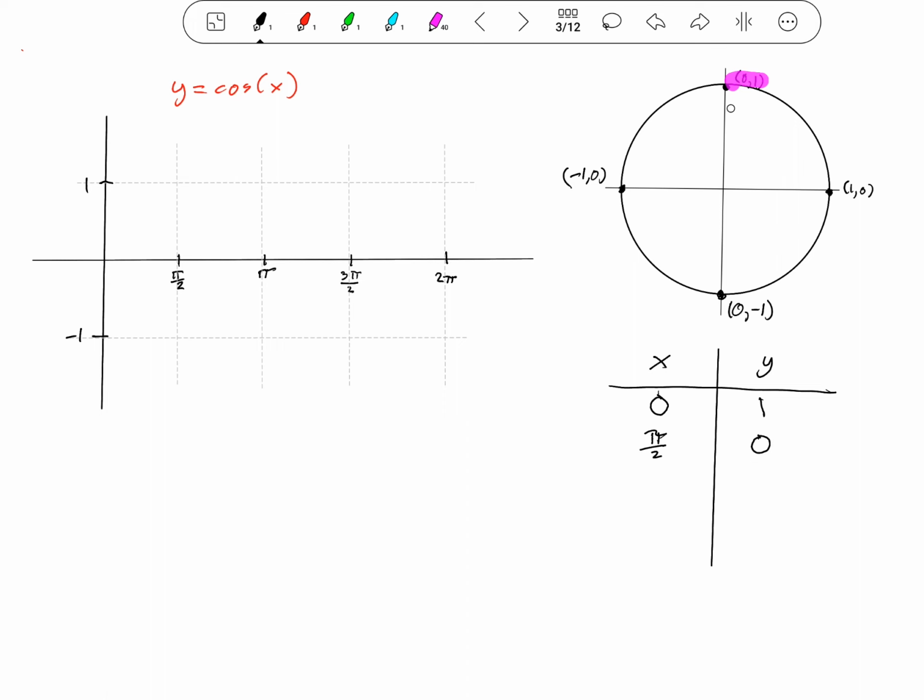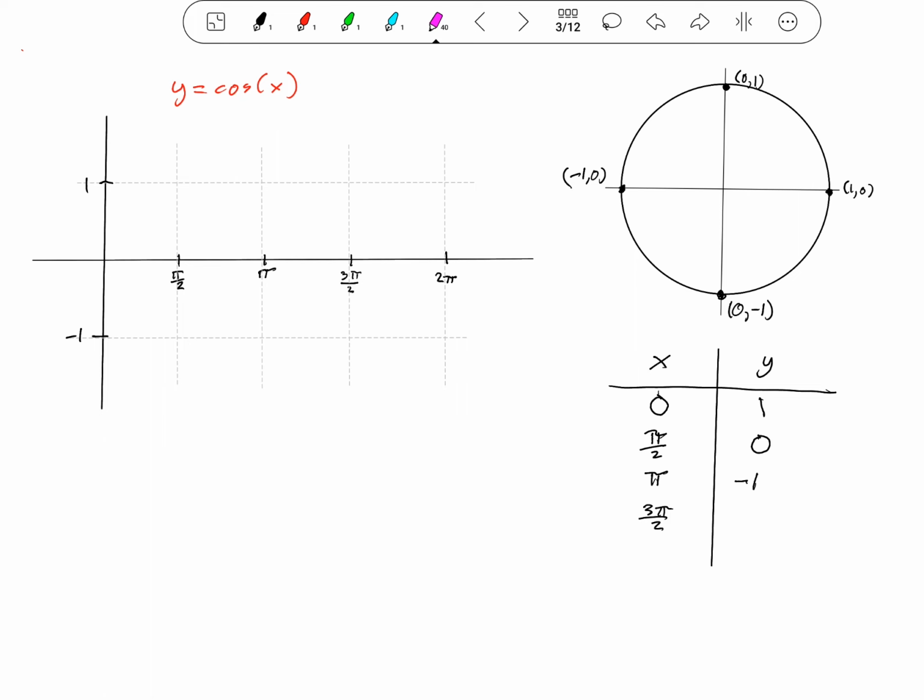If I look at my next angle, x equals pi, which means that my x value is -1, my cosine is -1, so I get a y of -1. The next angle that is particularly important for me is 3 pi over 2.